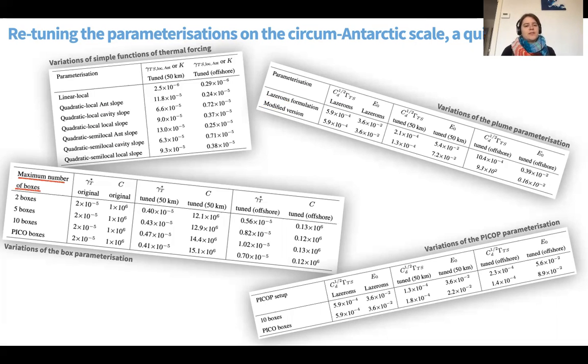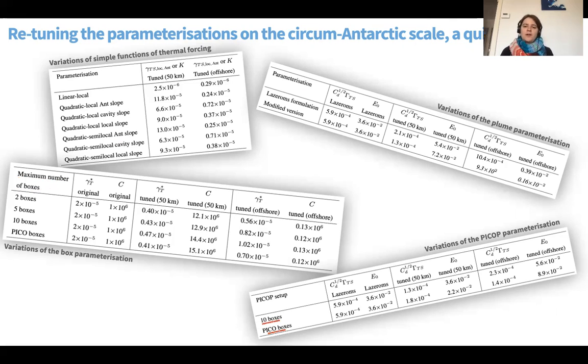For the box parameterization, as I said, the domain is divided into different numbers of boxes, and we look at dividing the domain into 2 boxes, 5 boxes, and 10 boxes, and the PICO boxes, which are the recommendations from the original PICO paper.